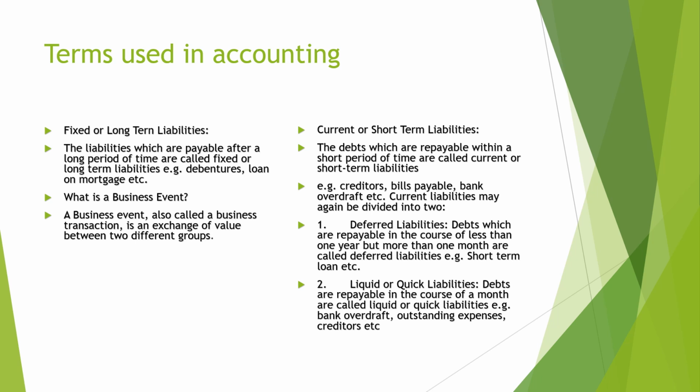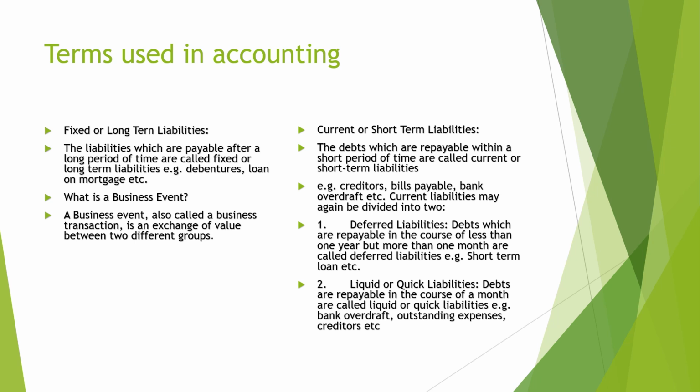Current or short-term liabilities are those liabilities which are payable within a year or within a very short period, like creditors, bills payable, bank overdraft, outstanding expenses, etc. They may be divided into two parts: deferred liability and liquid liability.